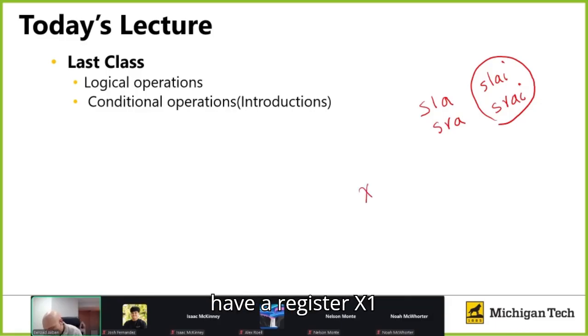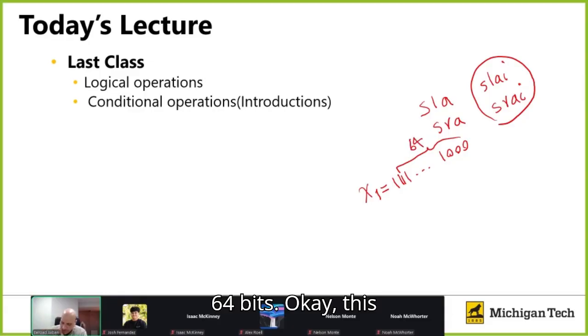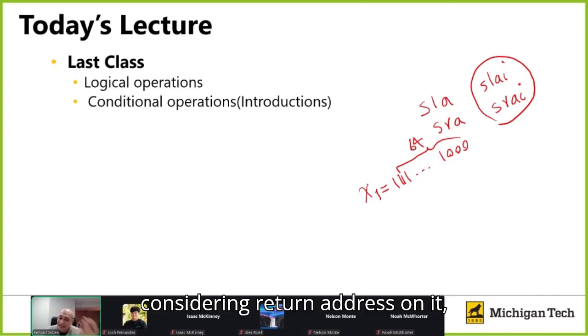Imagine we have a register X1 that has these values. So 1, 1, 0, 0, 0. Okay, it's 64 bits. This register X1, if you remember, has a certain characteristic. X1 is a type of register that we consider a return address.